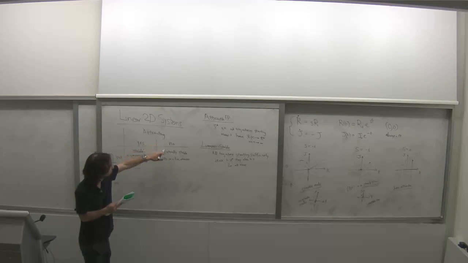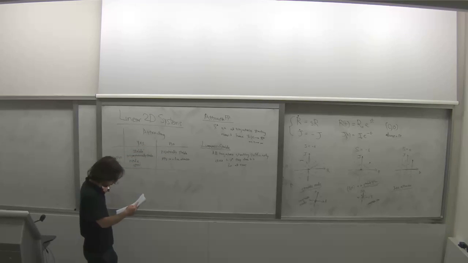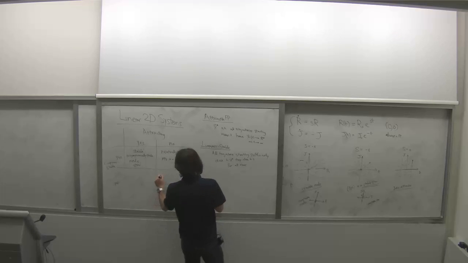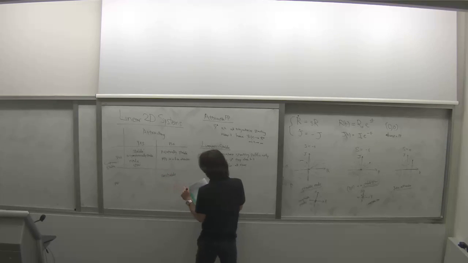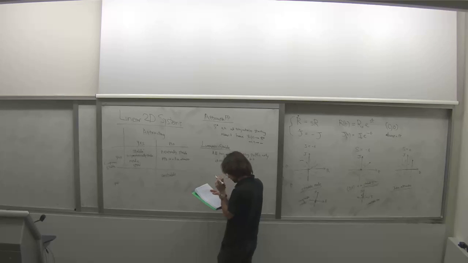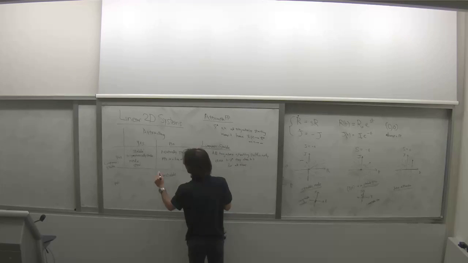Fixed points that are not attracting and not Lyapunov stable, we call them unstable. We mark them with empty circles. And we have unstable nodes, stars, and also saddle points.